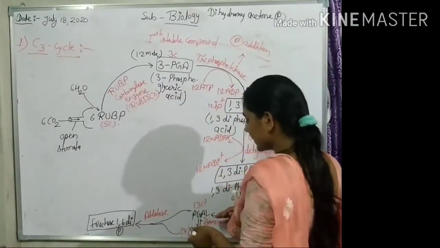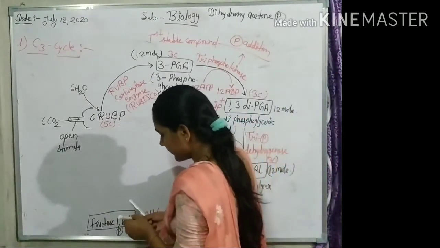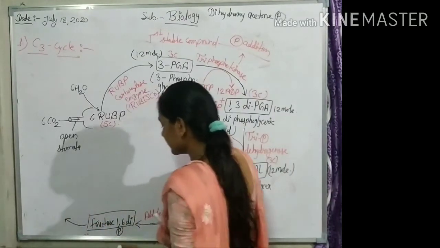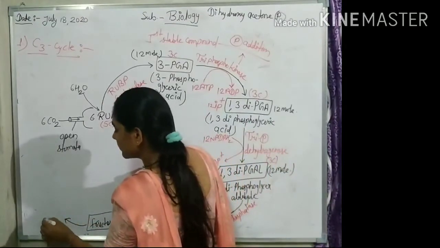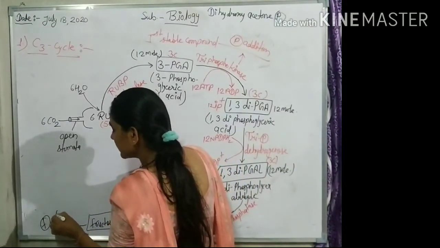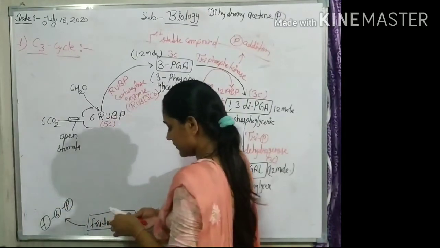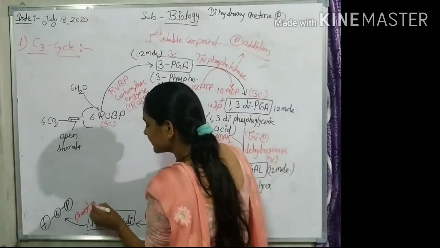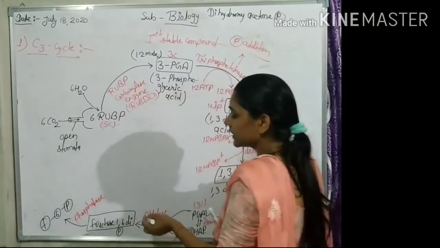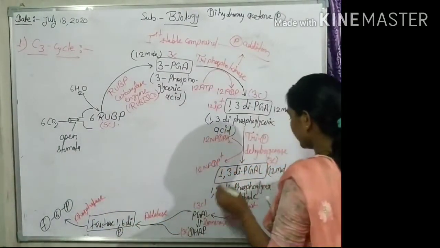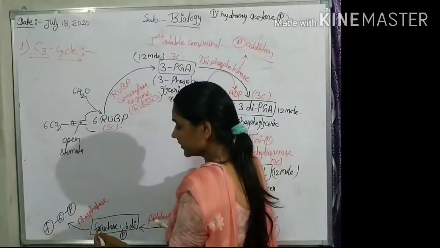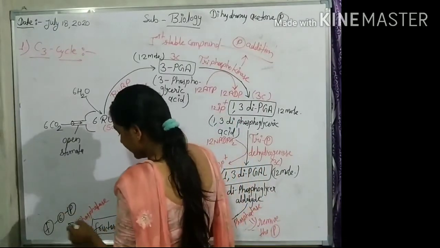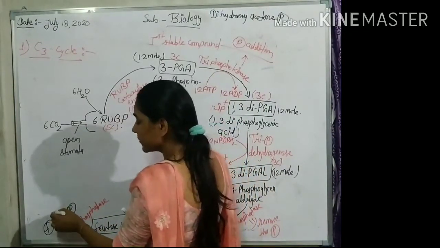Aldolase is a condensing enzyme. It joins the two compounds. Further, fructose 1,6-diphosphate converts into fructose 6-phosphate in the presence of phosphatase enzyme. Phosphatase enzyme removes the phosphate from fructose sugar, first number carbon. Then fructose 1,6-diphosphate converts into fructose 6-phosphate.